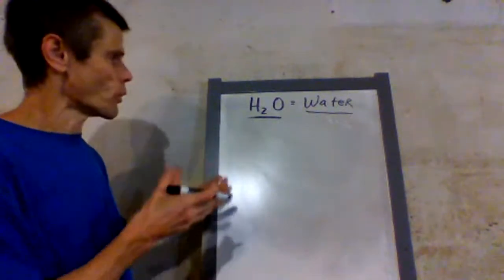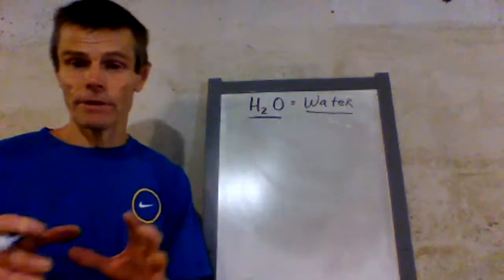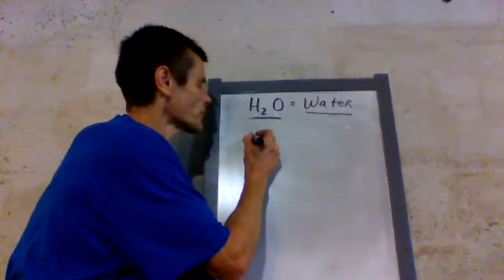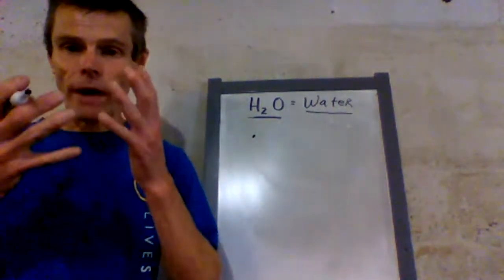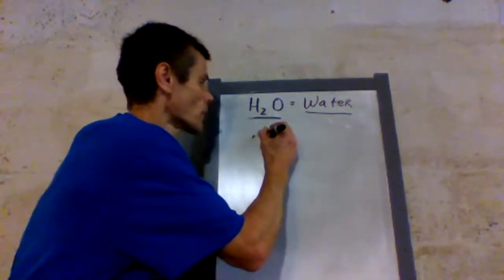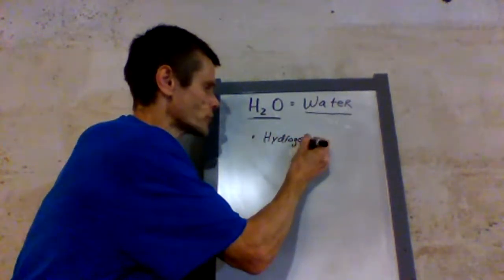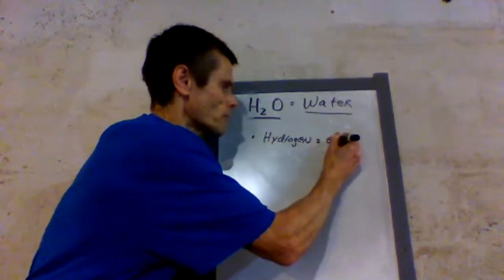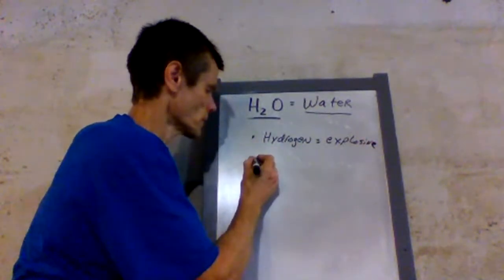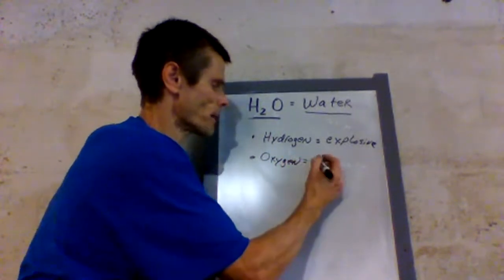Now, what's important about water is that the compound itself has different properties in comparison to the elements that make up that compound. So let's think about some of the chemical properties of hydrogen and oxygen. Hydrogen itself, if we have a sample of hydrogen gas, it's going to be explosive. If we have a sample of oxygen gas, it's going to be combustible.